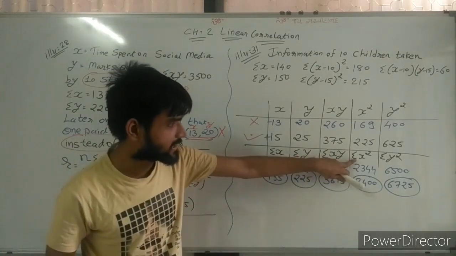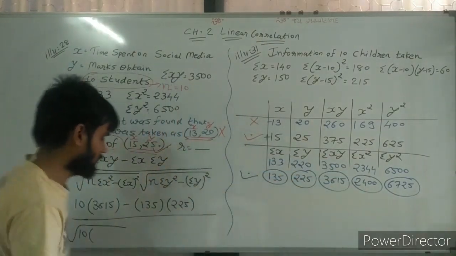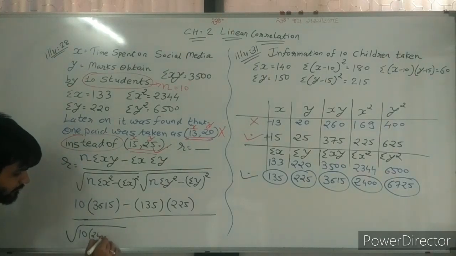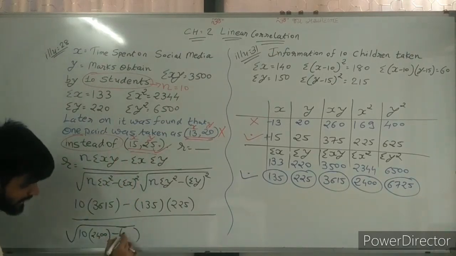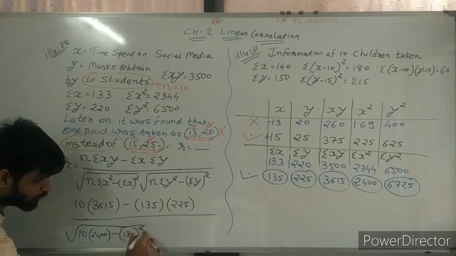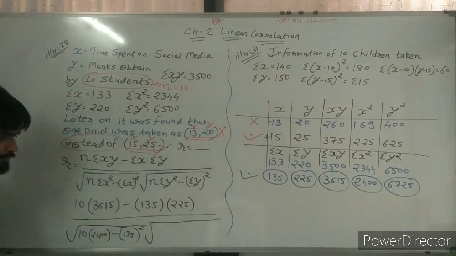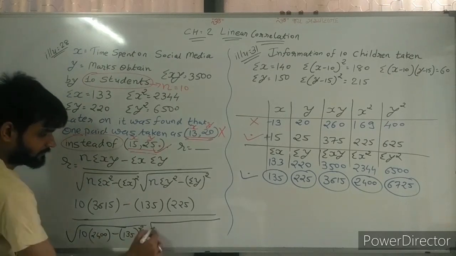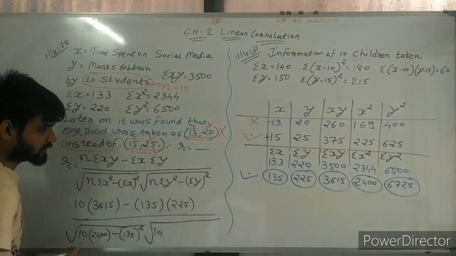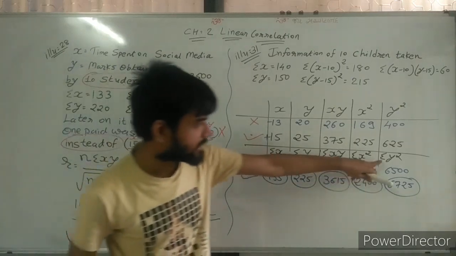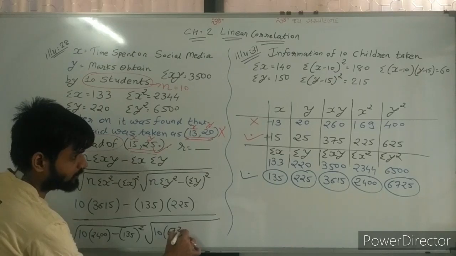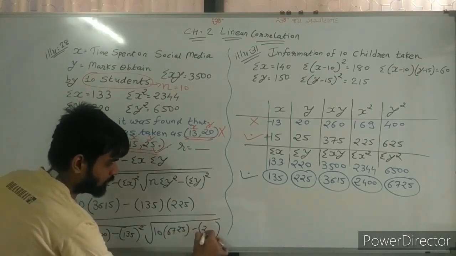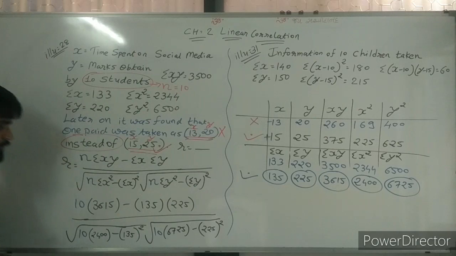Sigma x square, sir, the correct value is 2400. So we need to write here 2400 minus sigma x whole square. So sigma x 135 whole square. Second under root, again n sigma y square. Sir, sigma y square is 6725 minus sigma y whole square, 225 whole square.